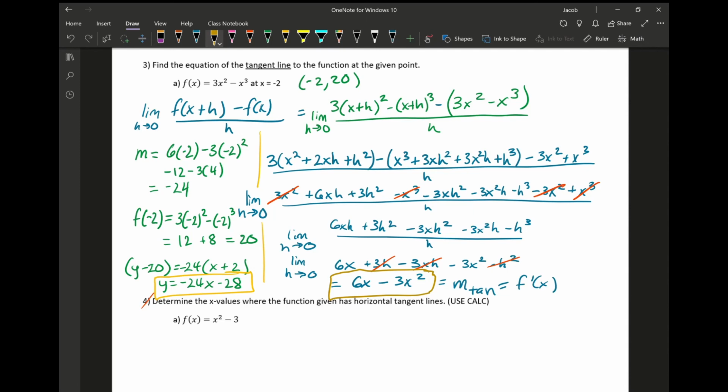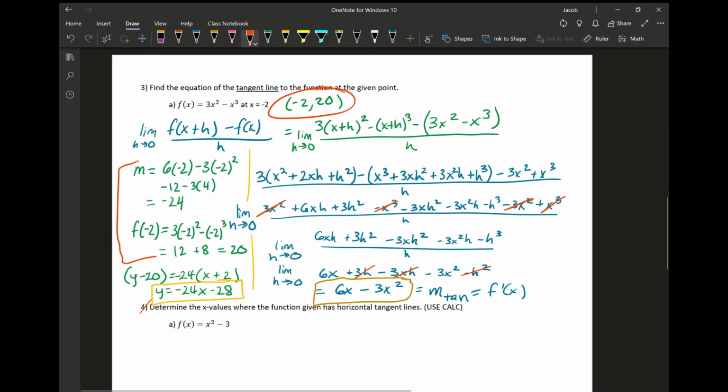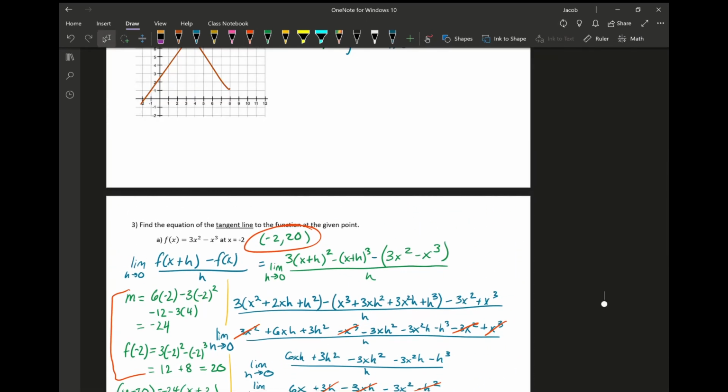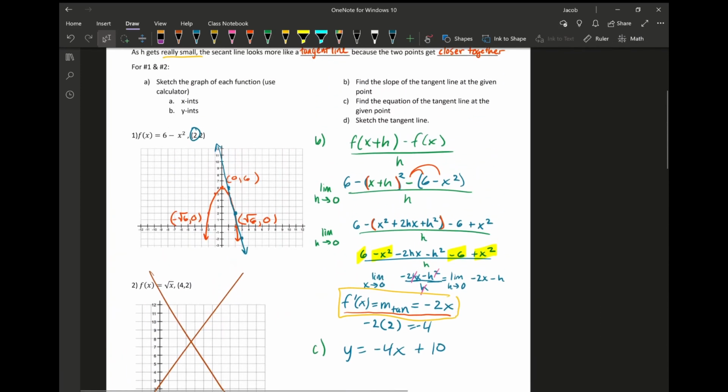But before we did that, we had to go through and find the coordinate pair, and that's the work that I did for the coordinate pair. And putting all those together, we were able to find our line. So it's a lot of work to find an instantaneous rate of change without a calculator, without other methods. We'll learn how to simplify this process considerably here in the future.